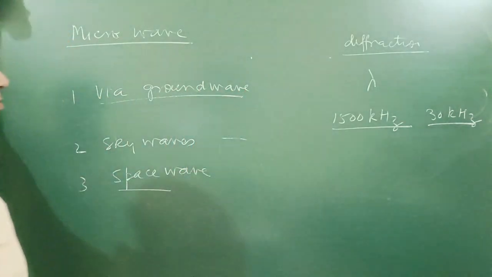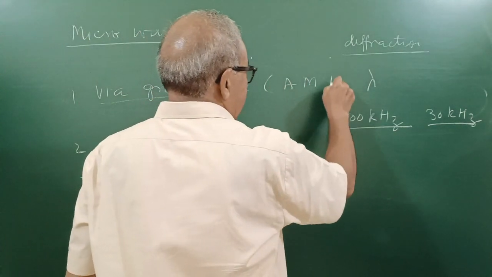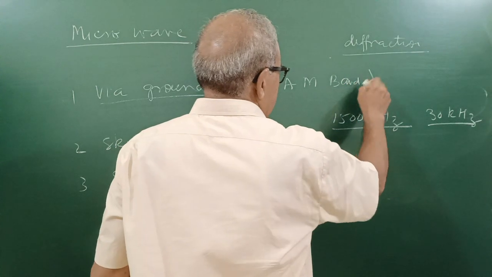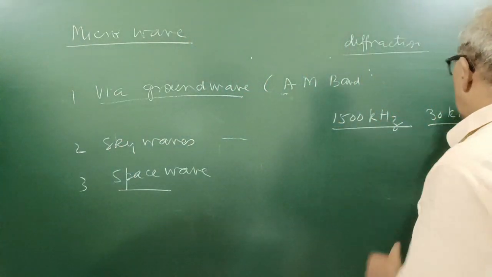Via ground wave we use the AM band. AM means amplitude modulated wave. Modulation means change.